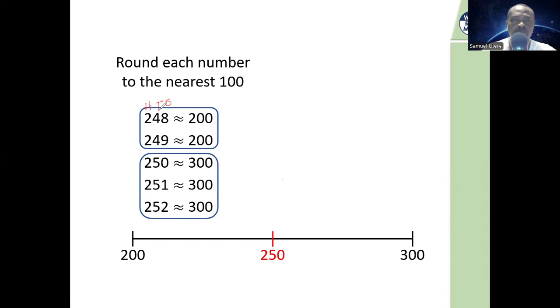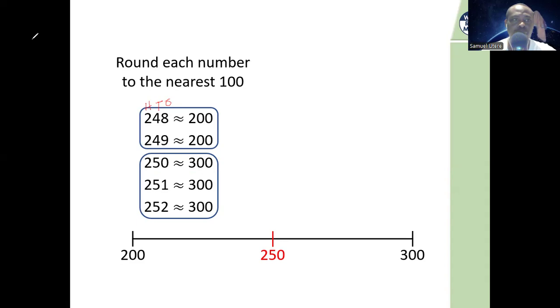Now, when we round to the nearest hundred, when we look at the tens column, if the digit is a 4 or less, we just round the number to the nearest hundred, which is 200. Can you see that? Then looking at the tens, we can generalize that when the digit is 5 and above, the number is going to round to the nearest hundred higher up, which is 300.